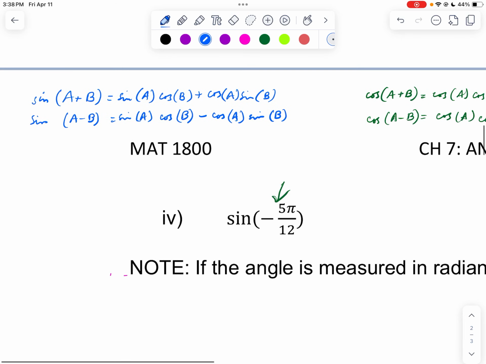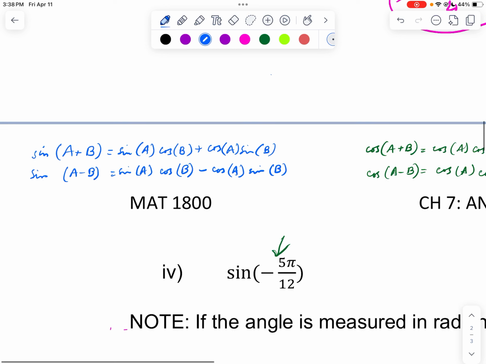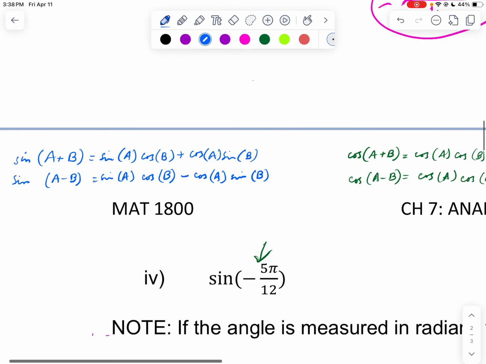The sine of A plus B is sine of A times cosine of B. So sine of the first angle times cosine of the second angle. And to remember or to memorize these formulas, you can look at the pattern. When we have sine, the product of terms, one is sine and the other is cosine.